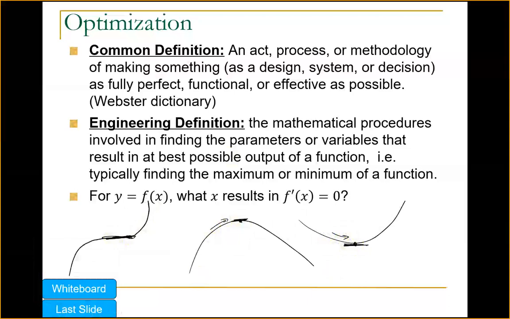So optimizing means you do something to make the system better. In engineering, it's a procedure in finding the parameters that result in a best possible output for a function. And best is defined either as maximum or minimum. It all depends on your scenario.